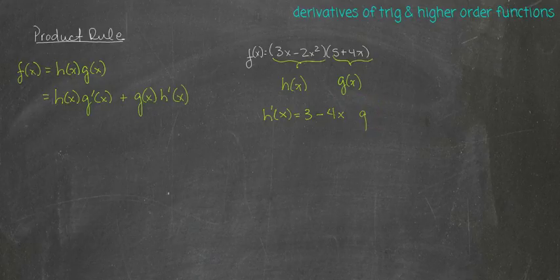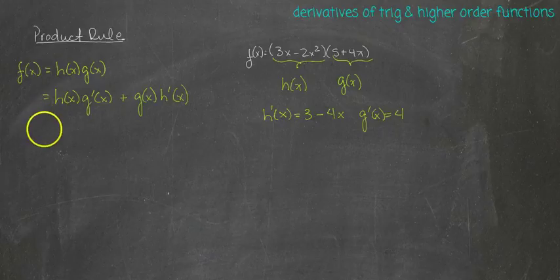And g prime of x is, well, the derivative of a constant is 0, plus the derivative of 4x is just 4. So now we have a set of values that we can substitute into our product rule.